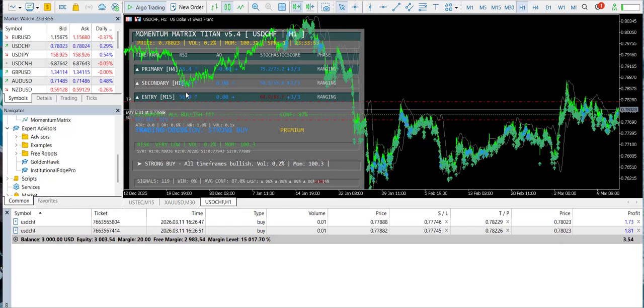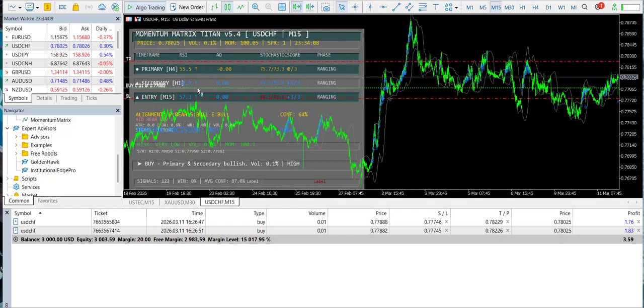The secondary and the third one, which is the 15-minute time frame, are also pointing. So what to do is, if these time frames are pointing up, it is a confirmation that this is a bullish momentum.